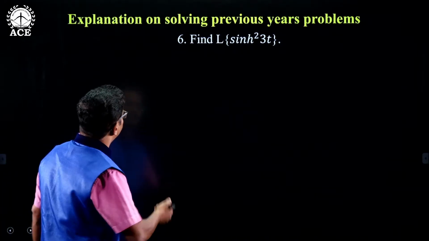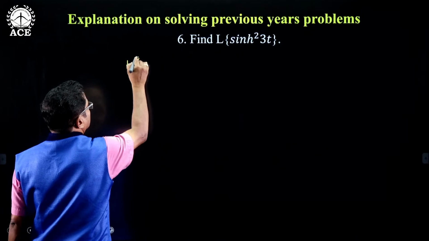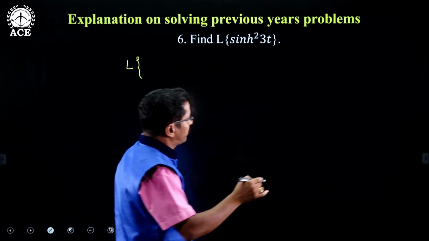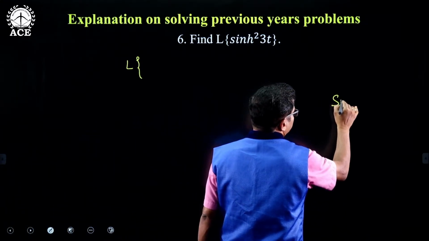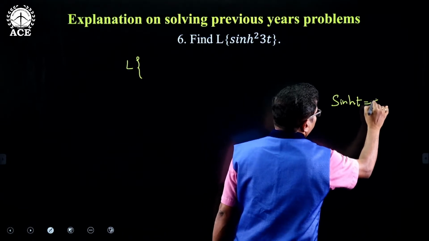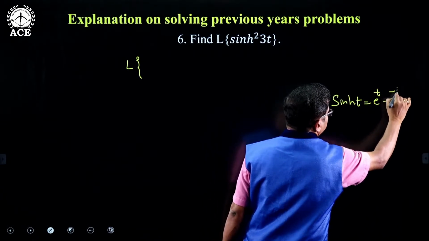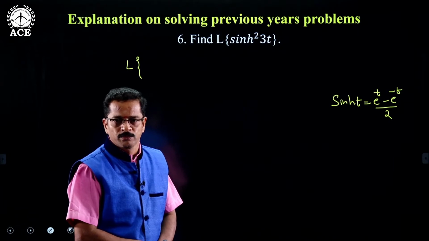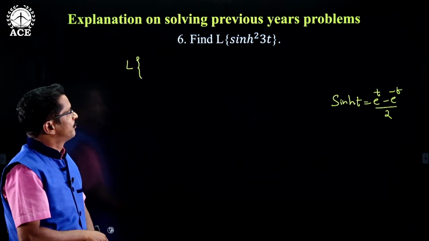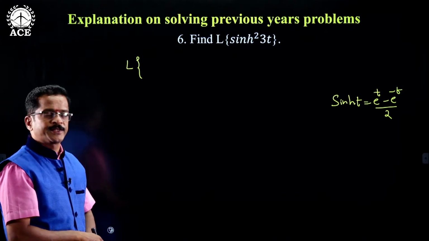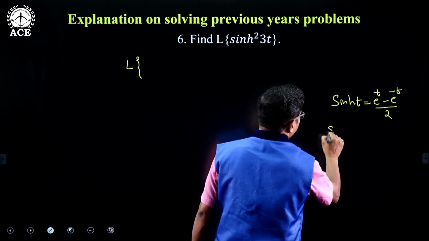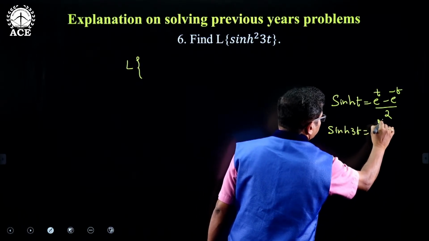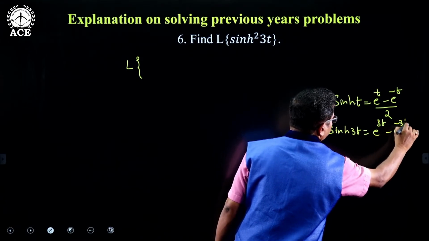How we do that: the hyperbolic function sinh t is e power t minus e power minus t by 2. So here we have sinh square 3t, so first you write down sinh 3t. Sinh 3t means e power 3t minus e power minus 3t by 2.